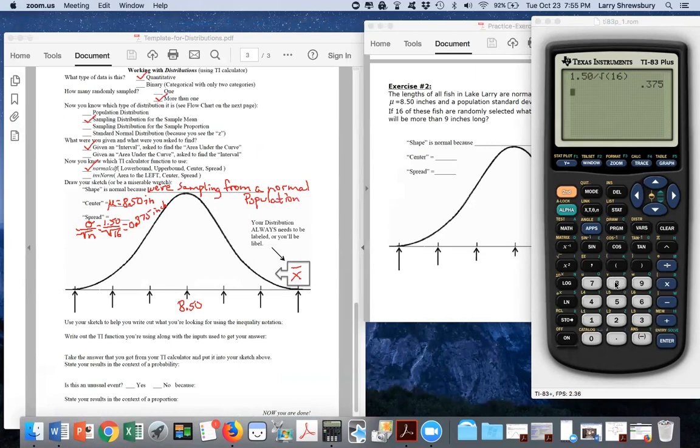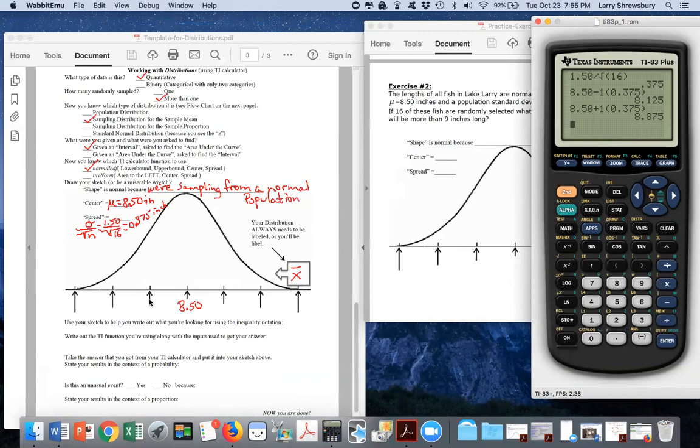So I'm going to do it this way. I'm going to take 8.50 and subtract one standard error of 0.375. I like doing it this way because then I can press second and enter and just change the minus to a plus. And this way I'm looking at the interval that contains the middle 68% of all the sample means we could ever possibly get.